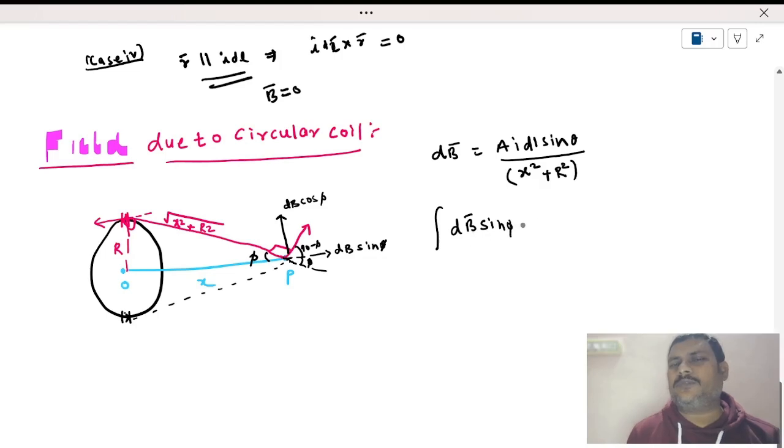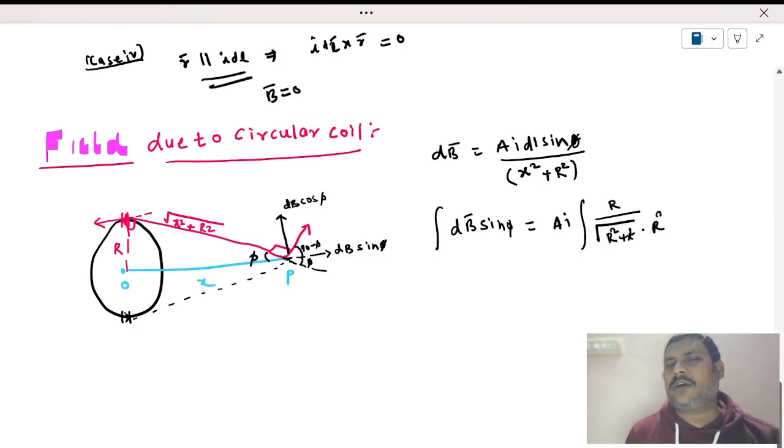For the integration, the value of dl is 2 pi r, and sin phi you can substitute as r by root over r square plus x square.